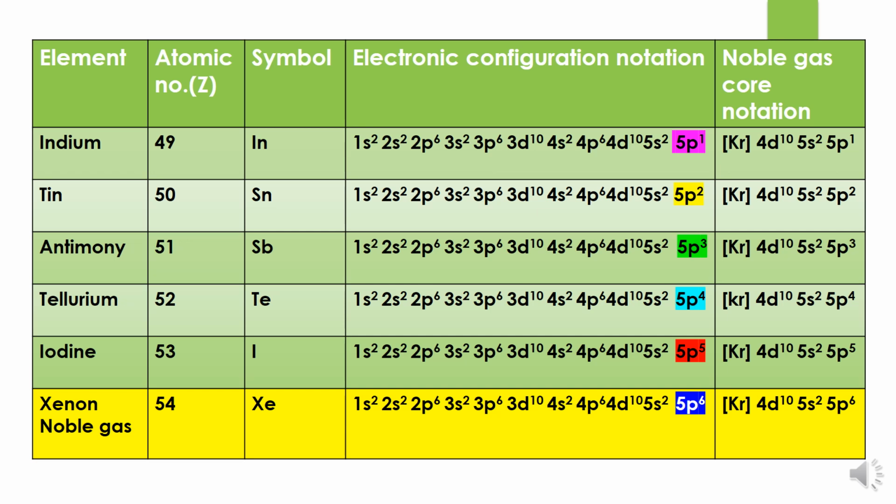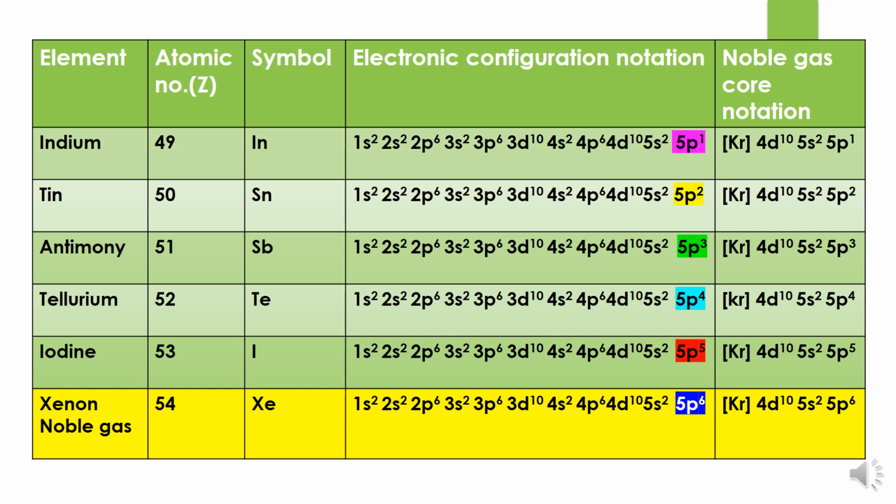The 49th element is indium, in which the 49th electron enters in the 5p orbital, 5px actually. Then the 50th atomic number tin, 5p2, antimony 51 with 5p3, tellurium 5p4, iodine 53 atomic number 5p5, and xenon 5p6.